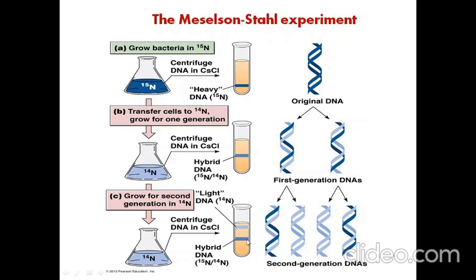One band is like the previous one, and another band is the lightest one, found at the upper position. So three separate bands were found on the basis of their position, or their weight.